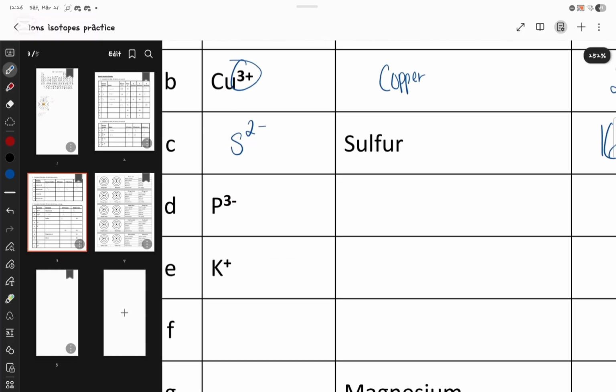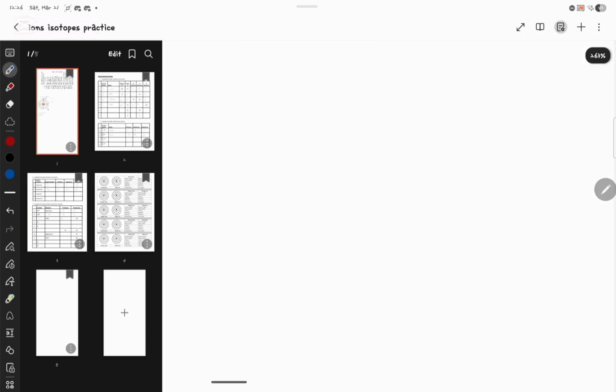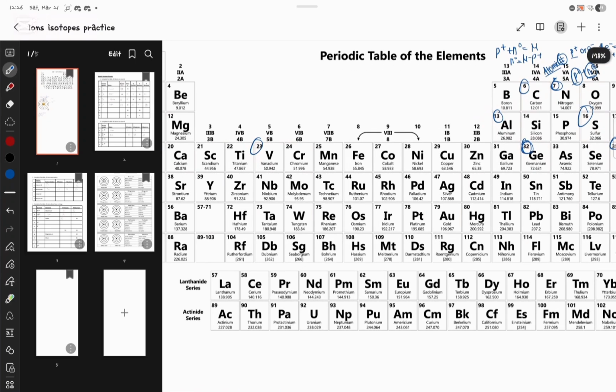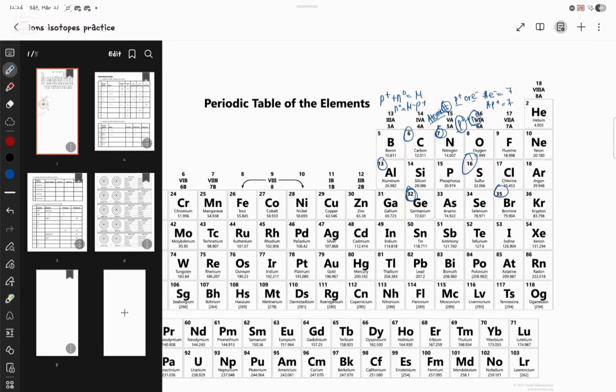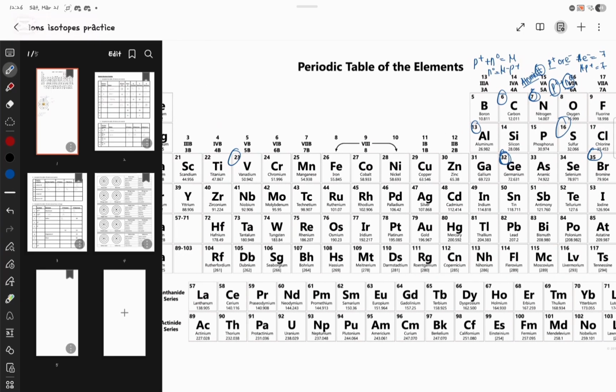Right? P, potassium, 3 minus, so go search for potassium on here. Oh no, P is phosphorus, right? Yep. Let's go find phosphorus. Where the hell is phosphorus?